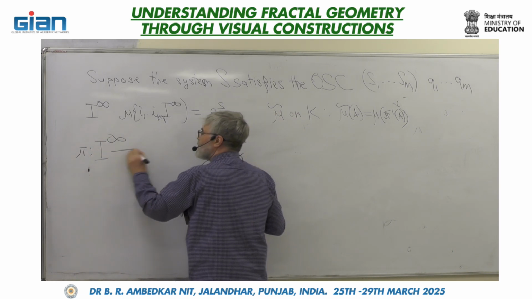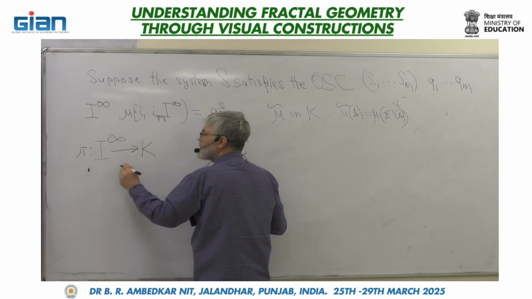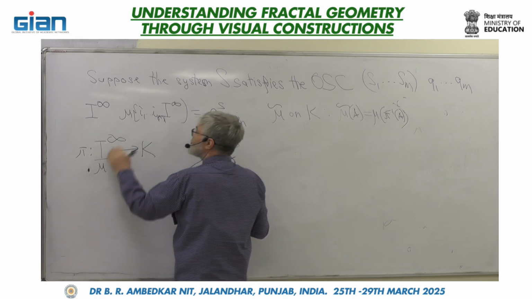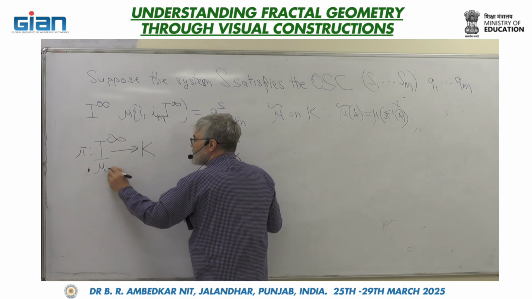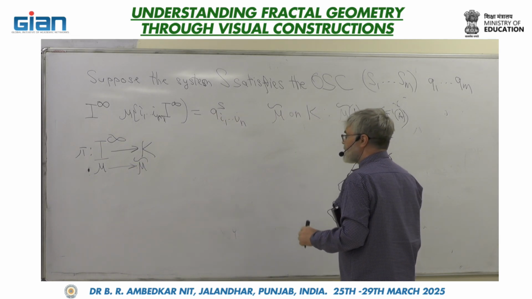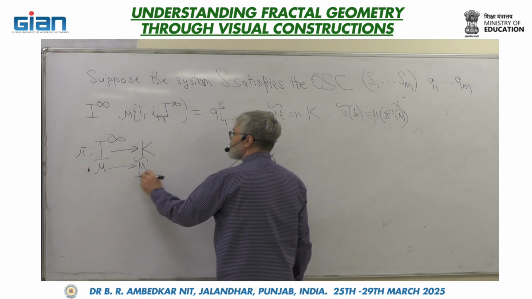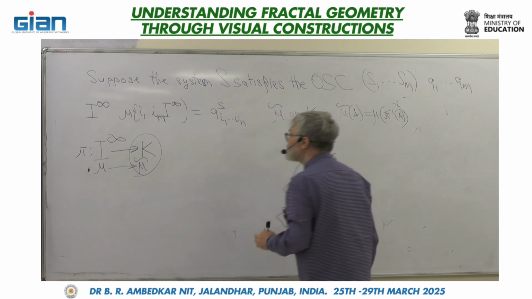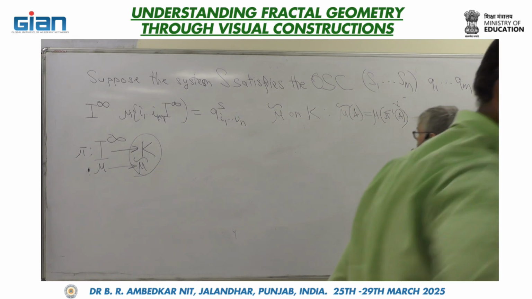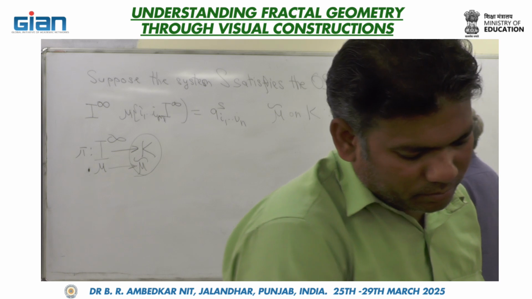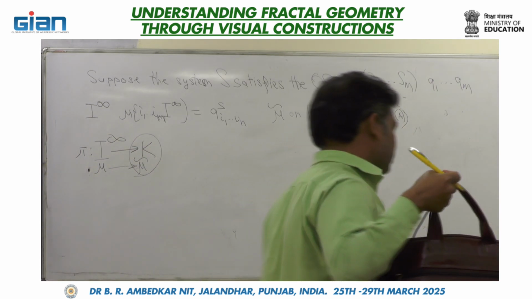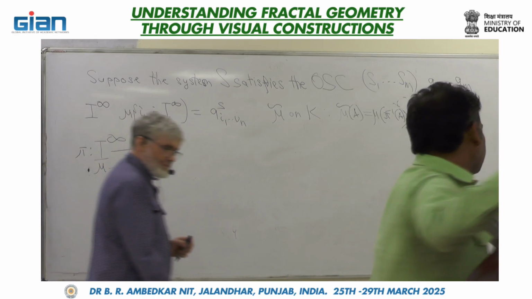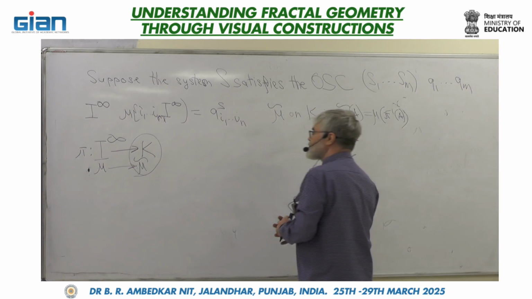We have a projection of I infinity to K. Yes. Here you have the measure mu, which is natural, and its projection will be mu tilde. It is also called the natural measure on K.